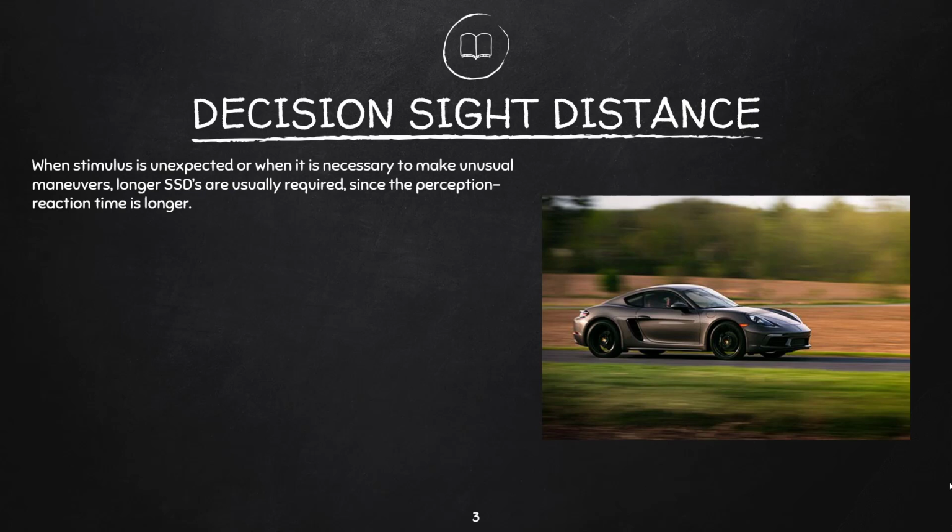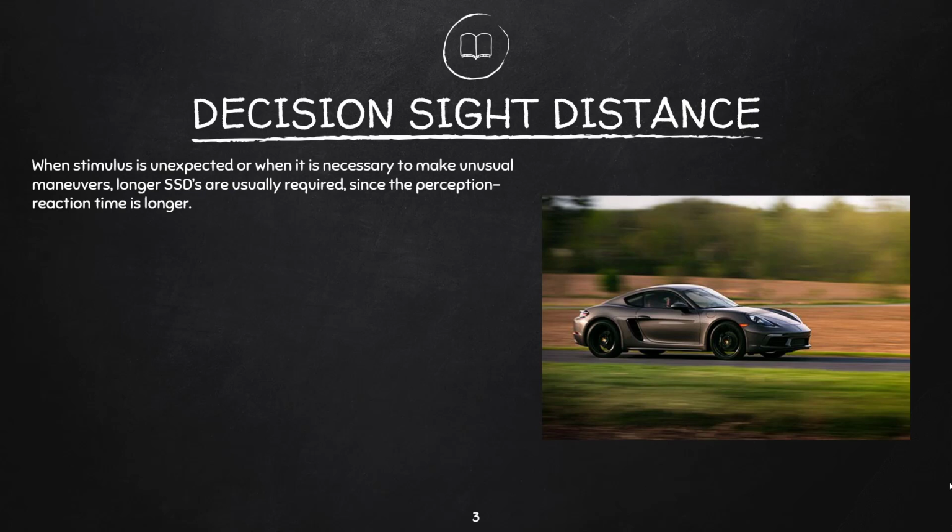For decision sight distance, we provide a longer amount of time in certain scenarios where it is required to give more time for the driver to decide on what type of maneuver will be done.